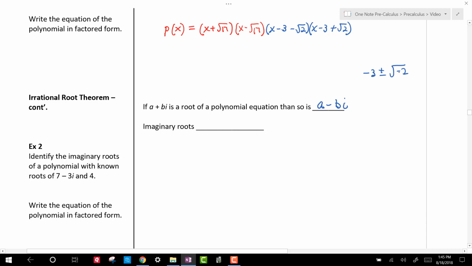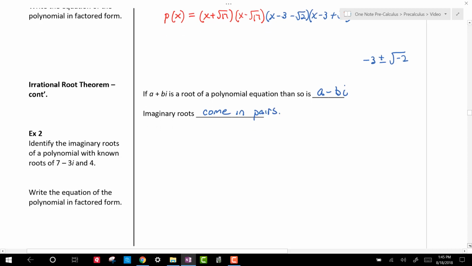That's an i value right there. So that would be an a plus and minus bi. So imaginary roots also come in pairs. All right. So let's take a look at an example with those guys.